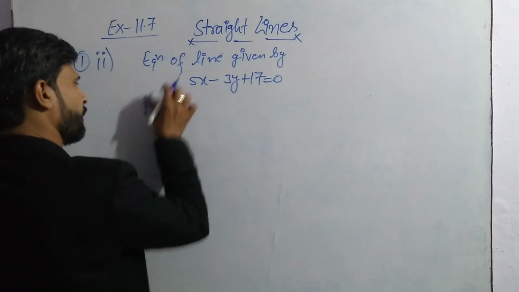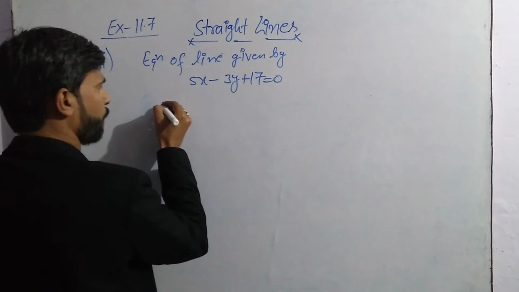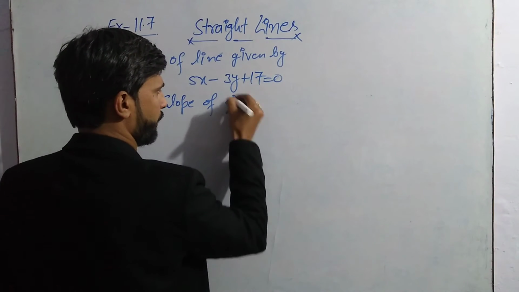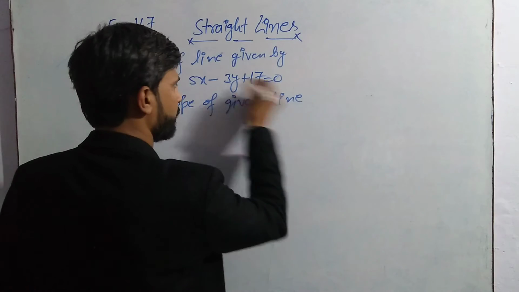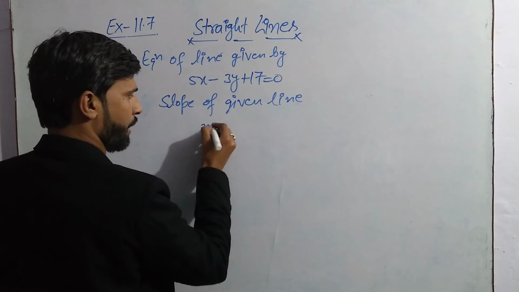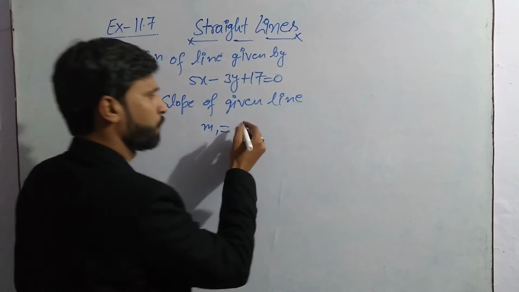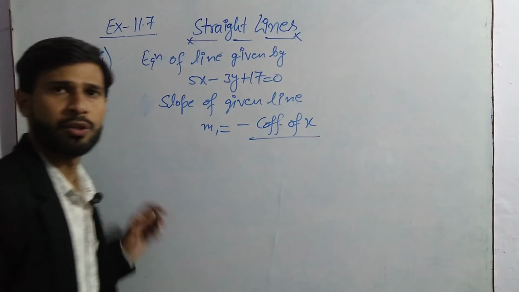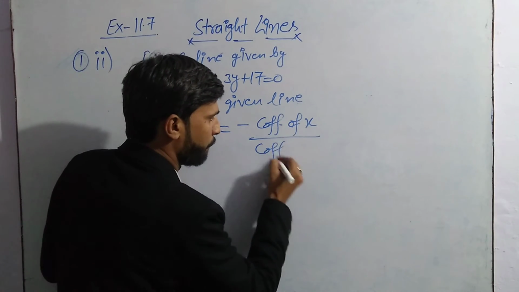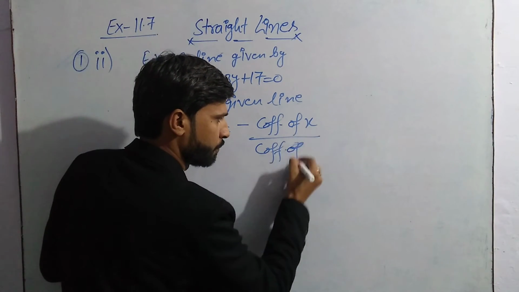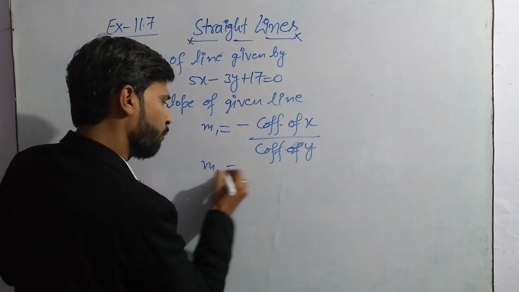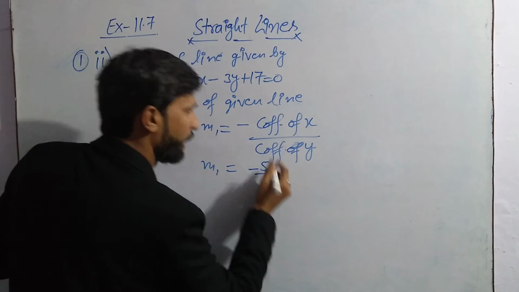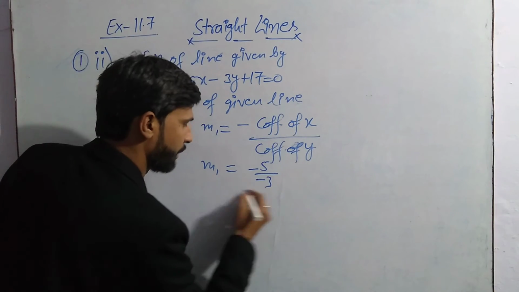Let the slope of the given line be m1, which is equal to minus coefficient of x upon coefficient of y. Then m1 is equal to minus 5 upon minus 3, where the coefficient of x is 5 and the coefficient of y is minus 3.